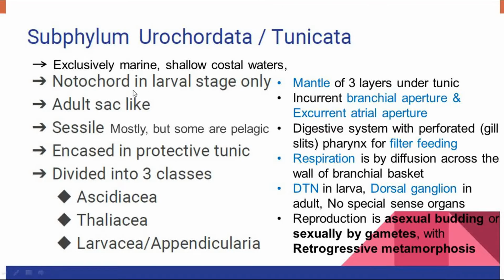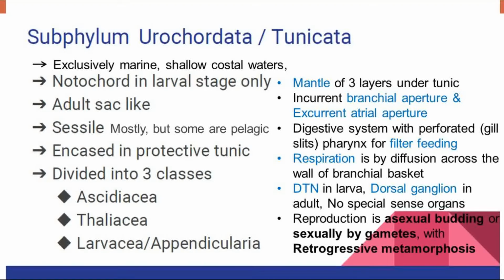Then notochord in larval stage only, meaning if they become adult, the notochord along with some other characters like the tail portion will be lost. Then the adult looks like a sac. Then it is sessile, meaning it is attached to the substratum.